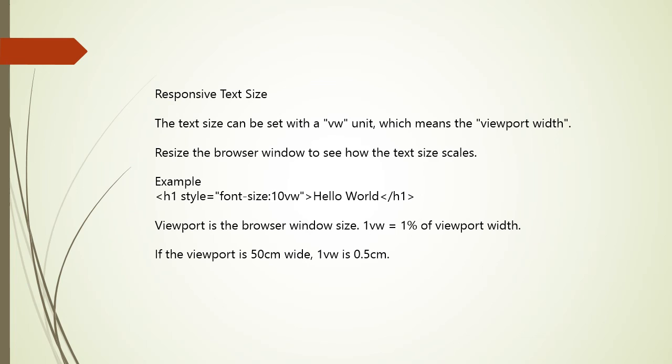Consider, for example, h1 style="font-size:10vw" Hello World /h1. Viewport is the browser window size. 1vw is equal to 1% of the viewport width. If the viewport is 50 cm wide, 1vw is 0.5 cm.